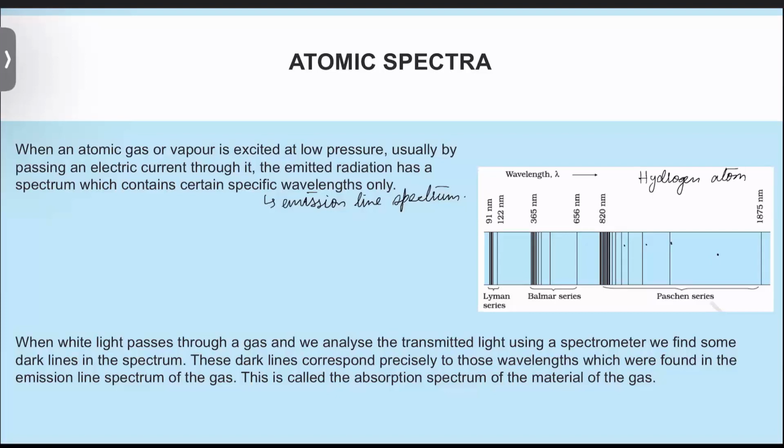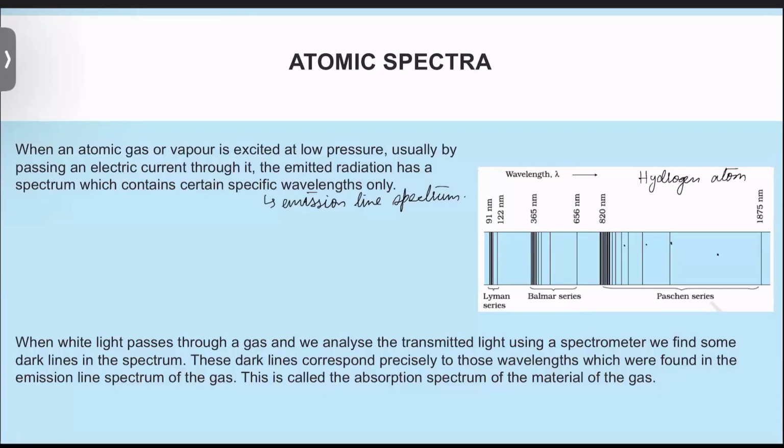Hydrogen itself is a gas. When white light passes through this gas, we can analyze the transmitted light using an instrument called a spectrometer, and we can see dark lines. These dark lines correspond to the wavelengths at which you find the emission lines of that particular gas.